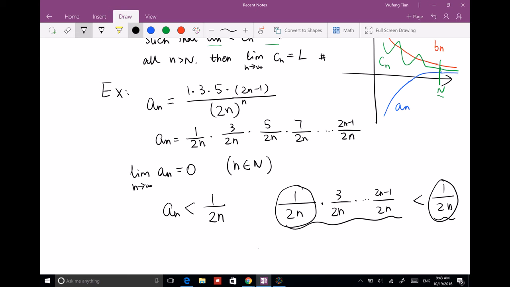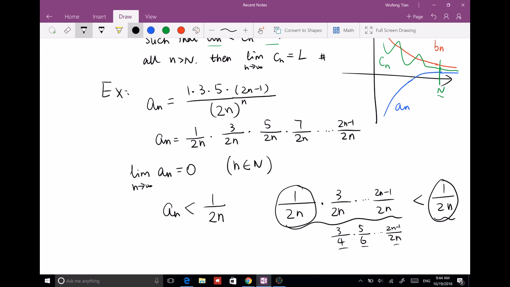For example, 3 over 2 times 3 is 4, multiplied by 5 over 6. You keep multiplying by a fraction which is less than 1. All of these numbers are less than 1, so you are actually making that number smaller.